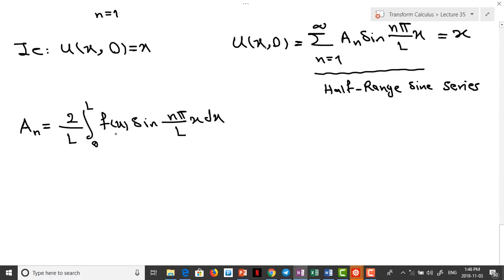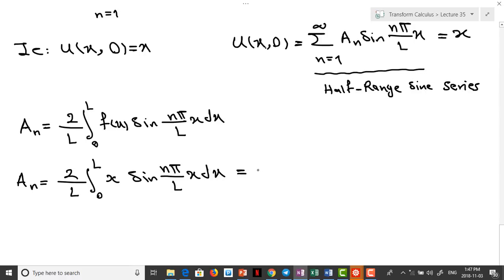So here in this case, fx is equal to x. As a result, an is equal to 2 over L, the integral from 0 to L, x sine n pi over Lx dx. If you just find this integral, you can see that it's equal to minus 2L cosine n pi divided by n times pi. So now we could find solution of this problem.